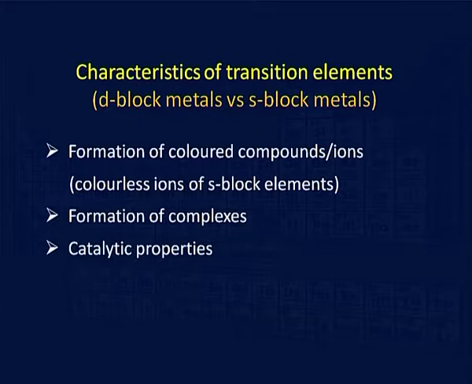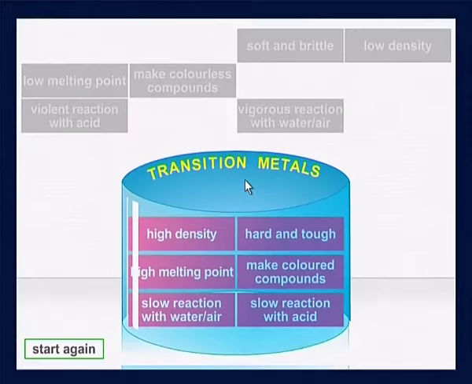Complex compounds of s block elements are known, but very few. Some transition metal ions assist catalytic processes, whether homogeneous, heterogeneous, or biocatalysts or enzymes; the metal is part of it. This is generally not found with s block elements.